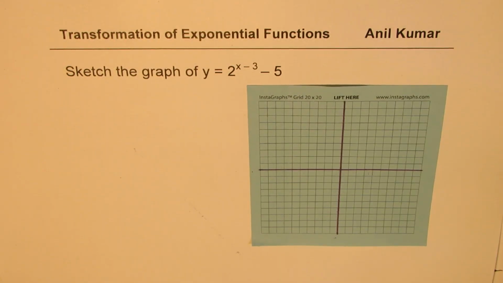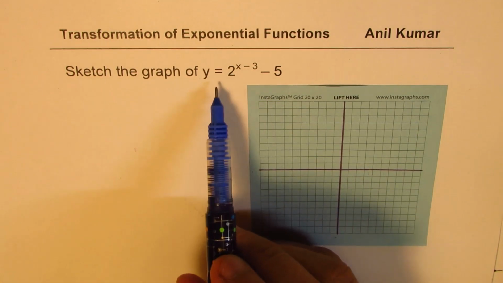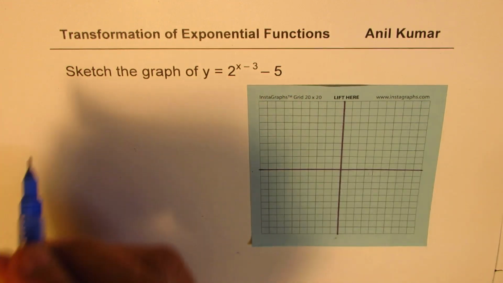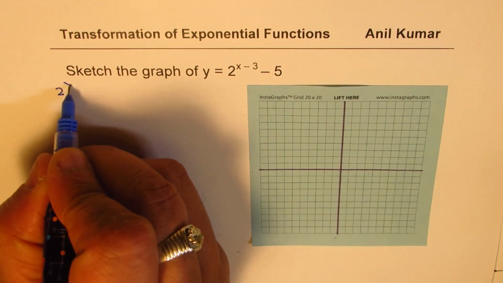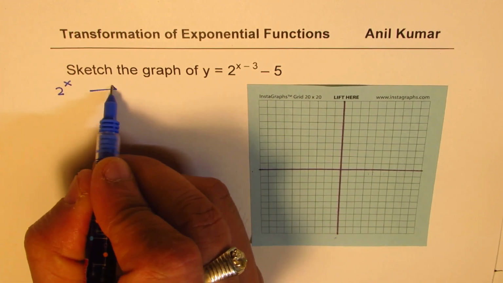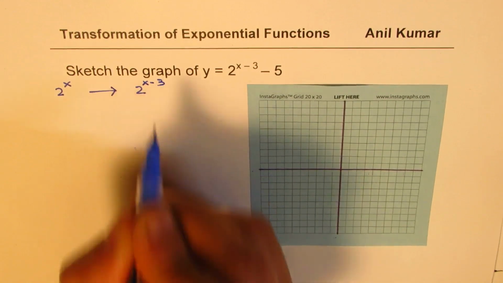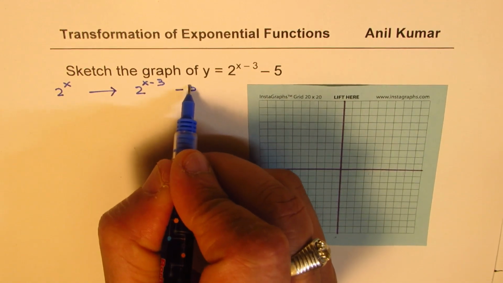Here is an example for transformed exponential function. We'll sketch the graph of y equals to 2 to the power of x minus 3 minus 5. So let's compare it with 2 to the power of x. And we are going to transform that to 2 to the power of x minus 3 minus 5.